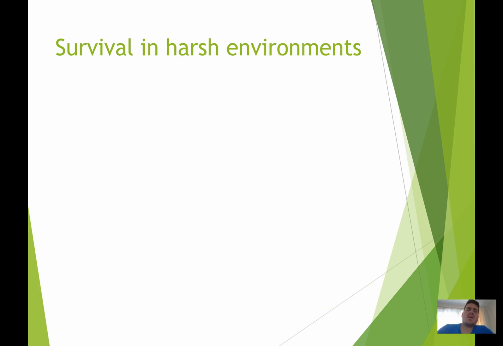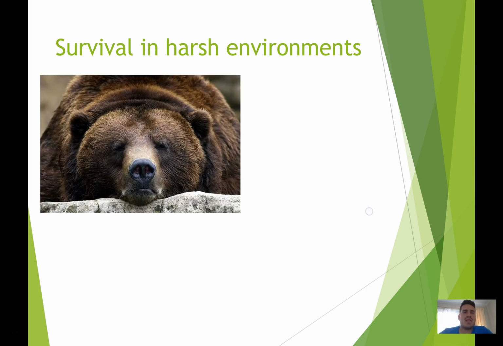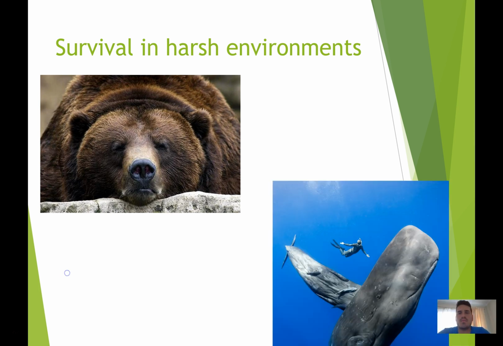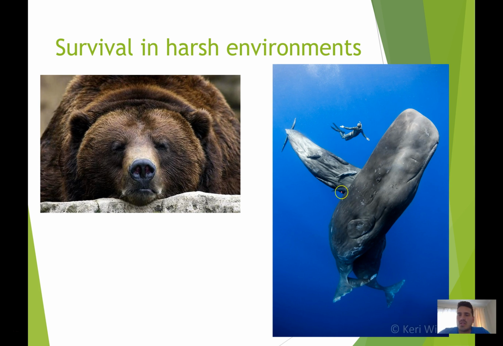So, where do different organisms survive in these harsh environments? We have bears surviving, for example, in Canada. This grizzly bear can hibernate for 4 or 5 months and see out that harsh winter environment. That's an example of an adaptation. Or for example, sperm whales.